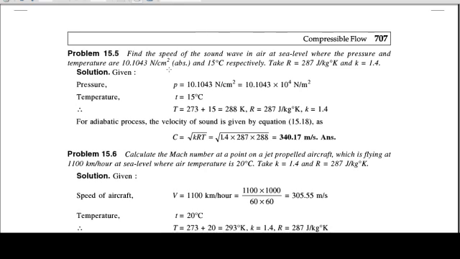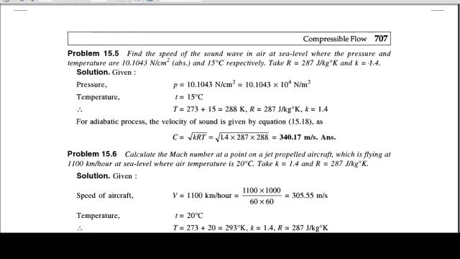Here they have given the absolute pressure, and the temperature is 15 degrees centigrade, and the value of R is 287 joule per kilogram degree Kelvin, and K value is 1.4.